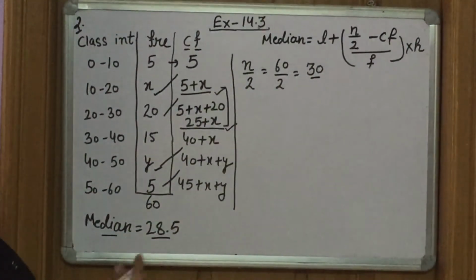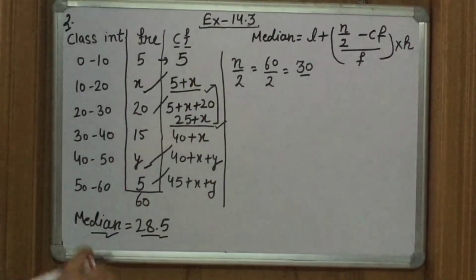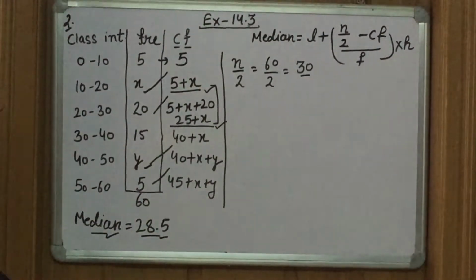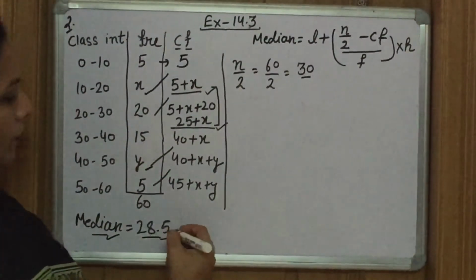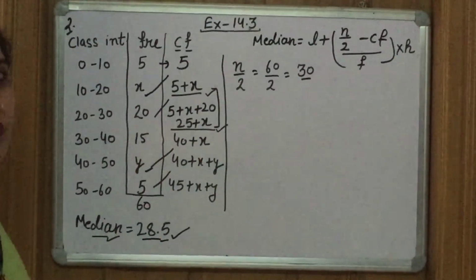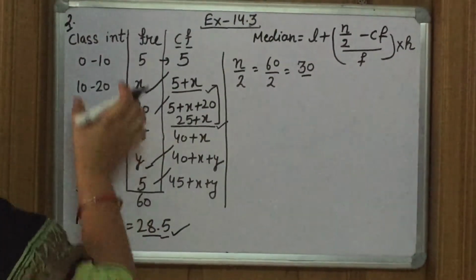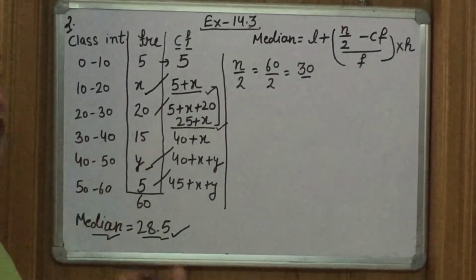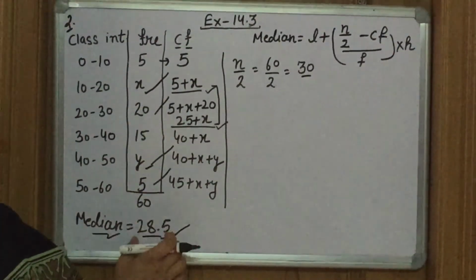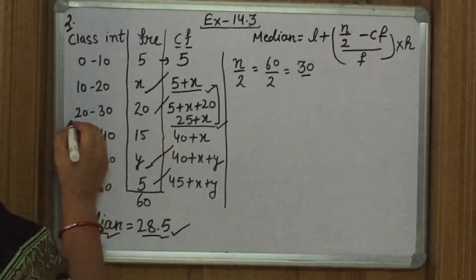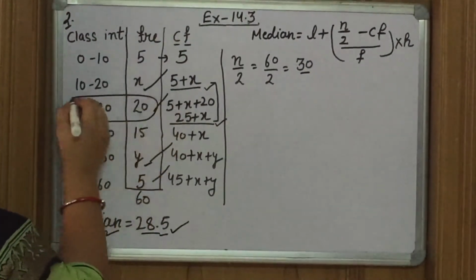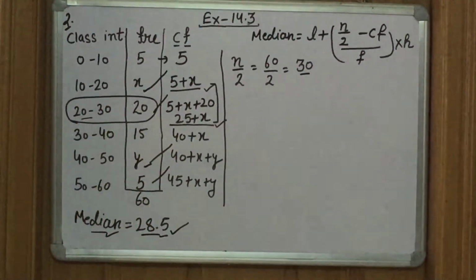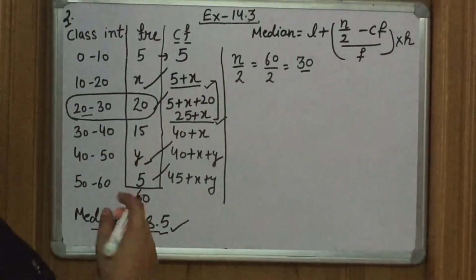What will we do here? The value of median is given, that is 28.5. We will take help of this value. Now check in which class interval it will lie. So 28.5 will lie in this class interval, that is 20 to 30.